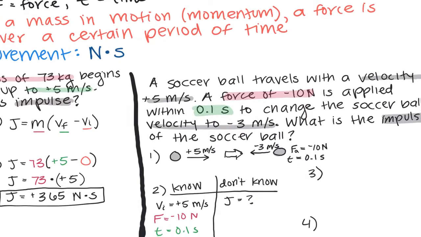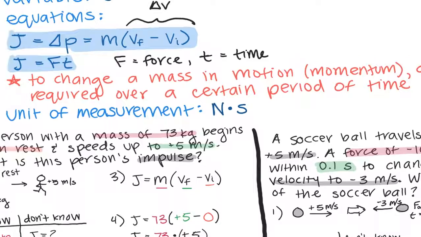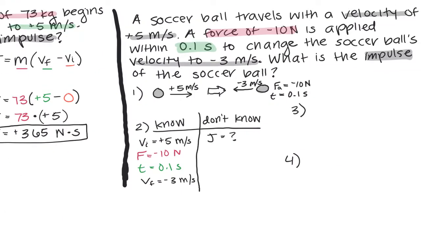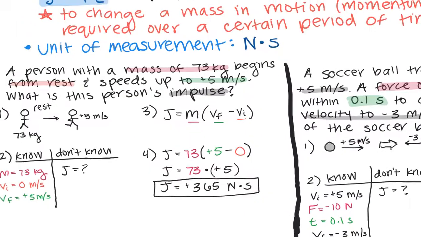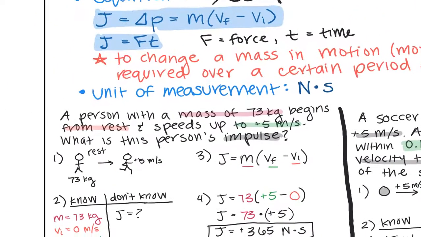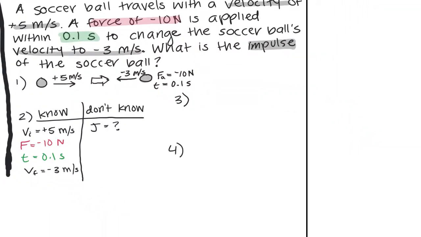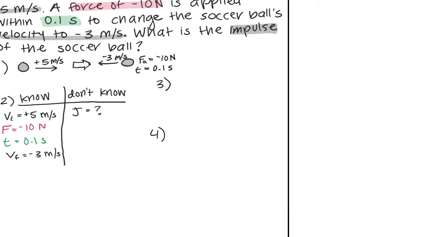However, we do have force and time, so we have enough information to use our second equation. The second equation, as a reminder, is J is equal to Ft.